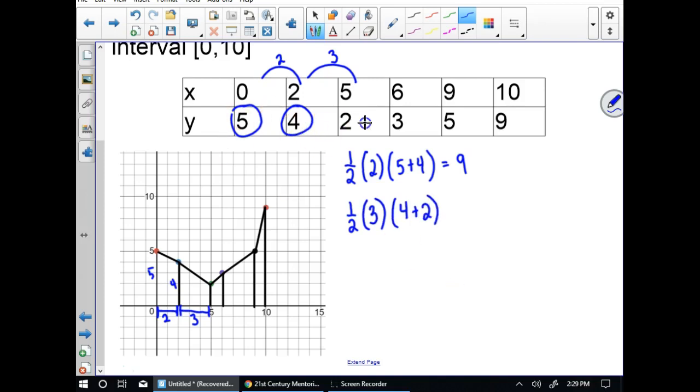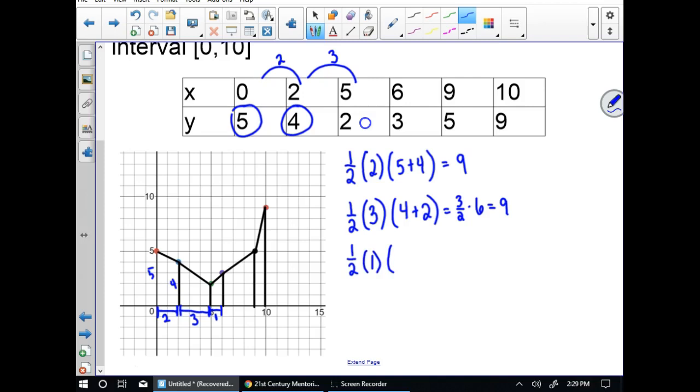I've got 4 and 2 here. So whenever I do that, I'm going to get 3/2 times 6, and that is going to be 9 as well. The next trapezoid only has a height of 1, so I'll have 1/2 times 1.